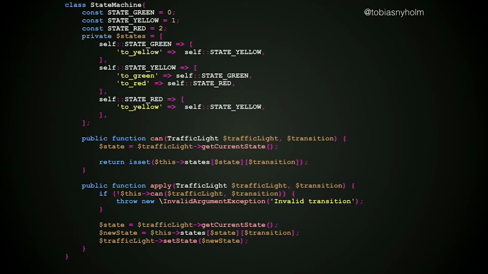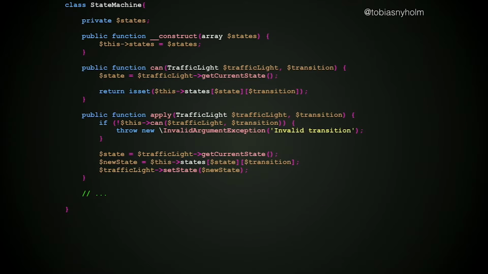It looks like a lot, but when you realize that it isn't, it's quite simple. And if you want to make this a little more reusable, let's inject the states instead of adding them in the class. I just add a constructor, and this is the same code I just moved up, so that I can inject my states.